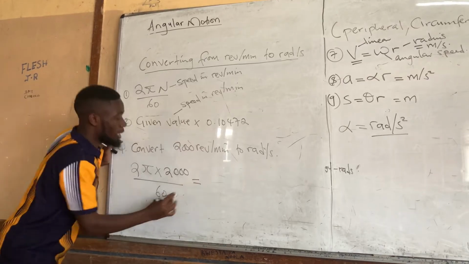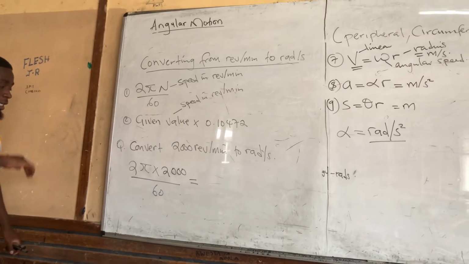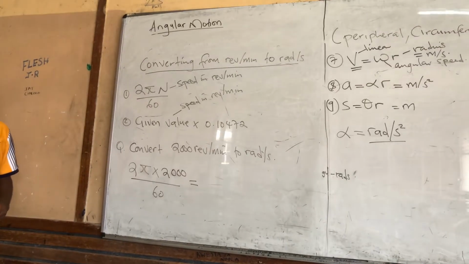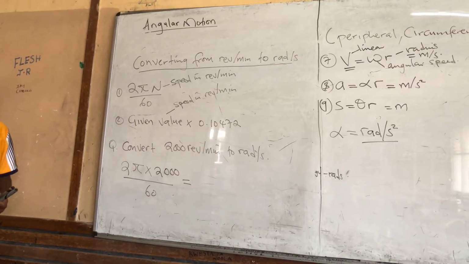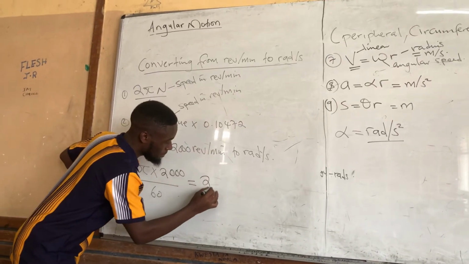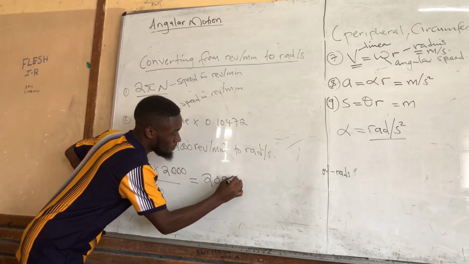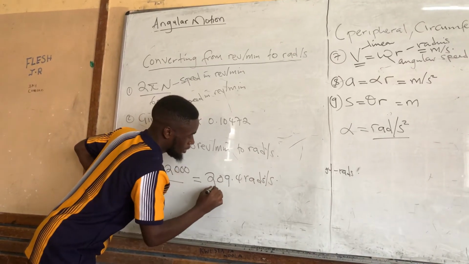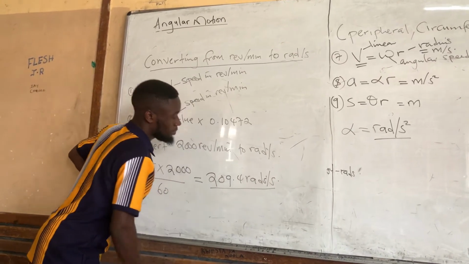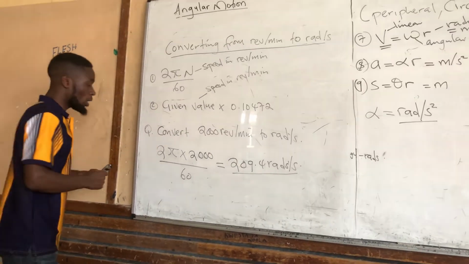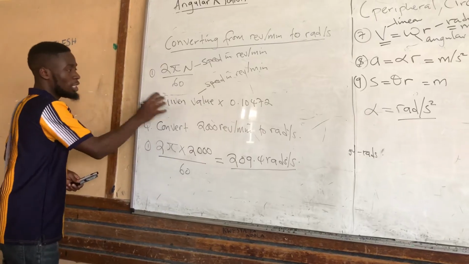So what is the answer? 2 pi multiplied by 2000 divided by 60 is 209.4 rads per second.